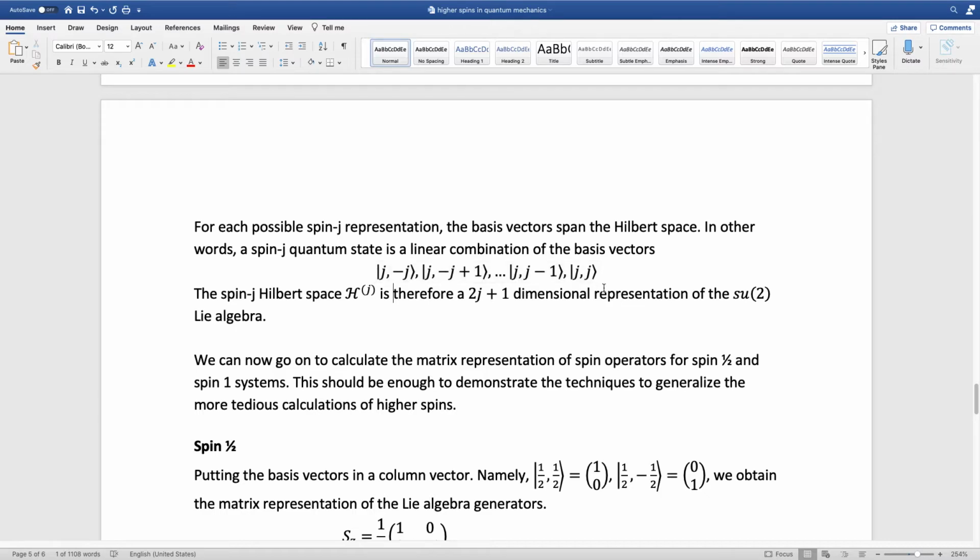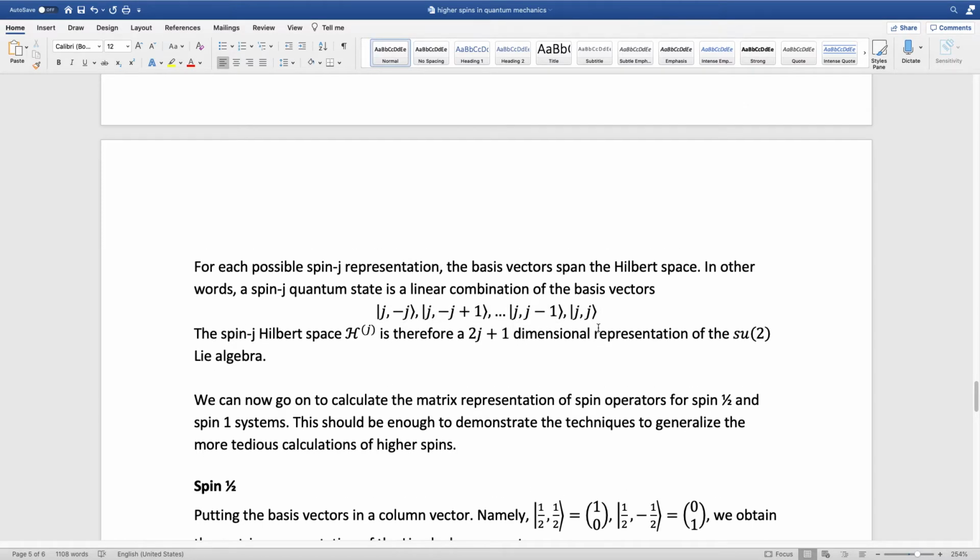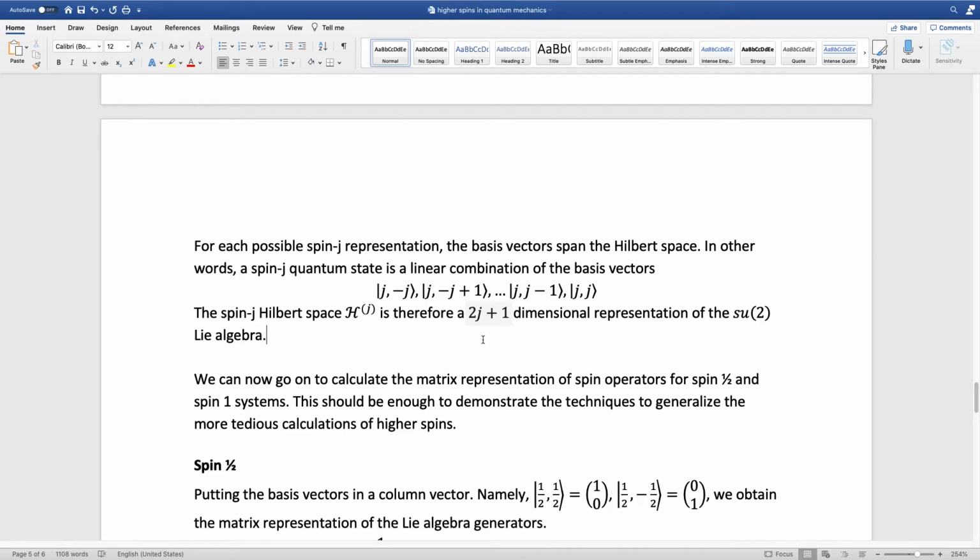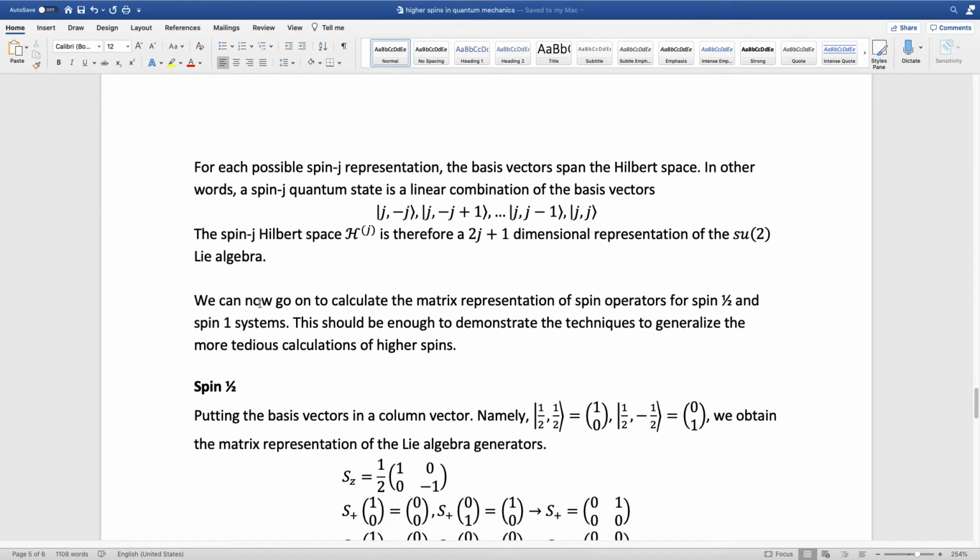So this will be a total of 2j plus 1 basis vectors. Hence, the spin j Hilbert space is a 2j plus 1 dimensional representation of the SU2 Lie algebra. That is what spin is in quantum mechanics.